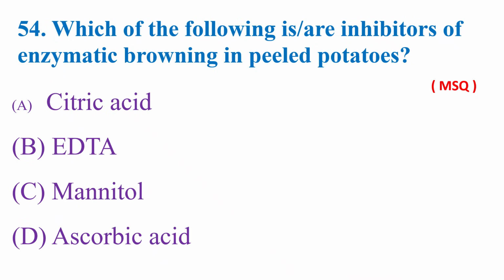Which are inhibitors of enzymatic browning in peeled potatoes? Enzymatic browning in peeled potatoes is due to the enzyme polyphenol oxidase, that is PPO.